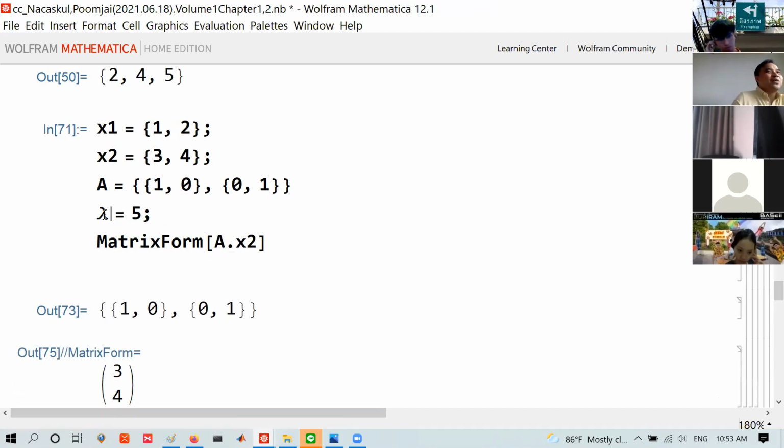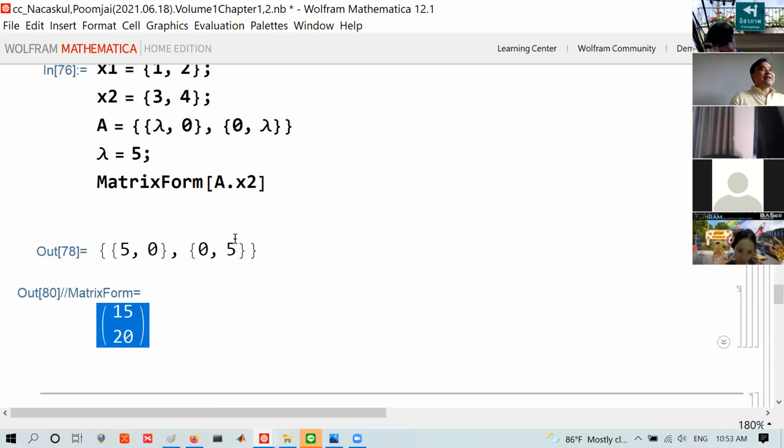How about this? What if I put in lambda where 1 is? If I have lambda, any kind of number, say 5, and I multiply this by A, it's going to be the same thing as multiplying the whole thing by lambda.